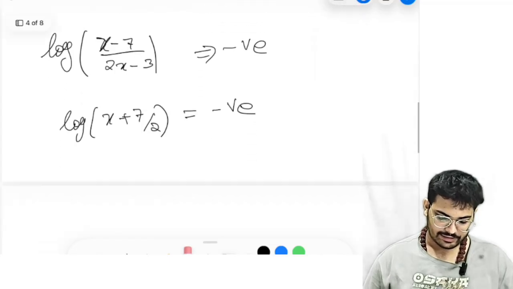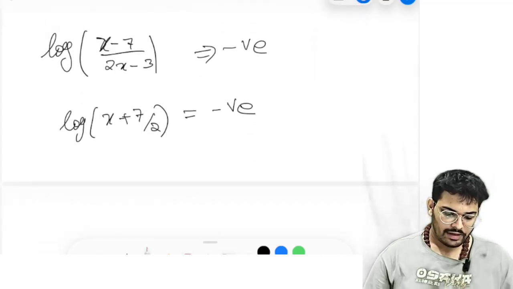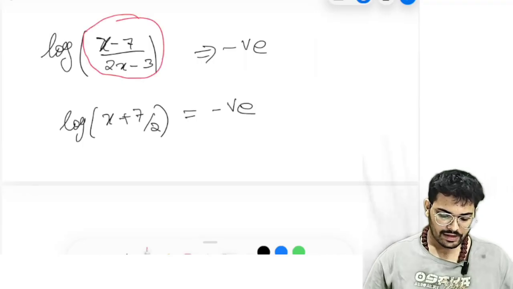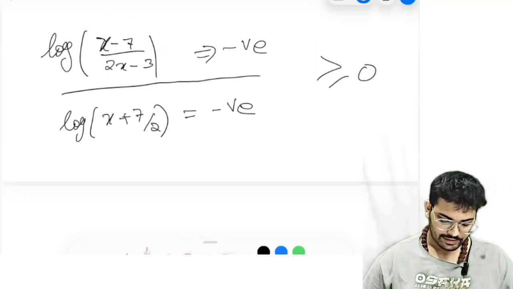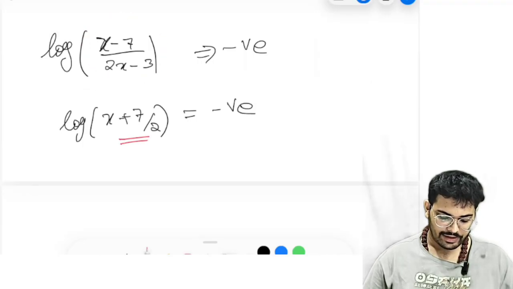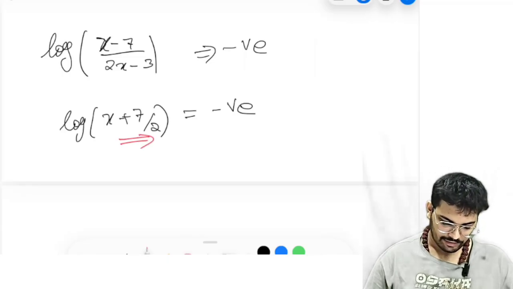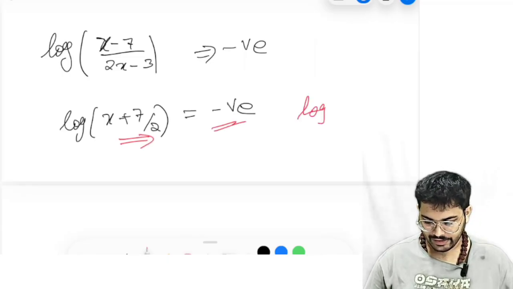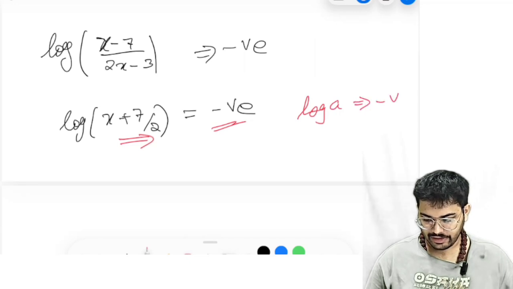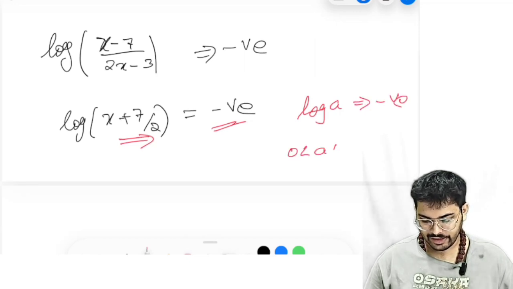For this condition to exist, first of all this value is negative. Before that there is one thing. Inside the logarithm we can only give positive values, right? That means log a is negative means the a value will be from 0 less than a less than 1.